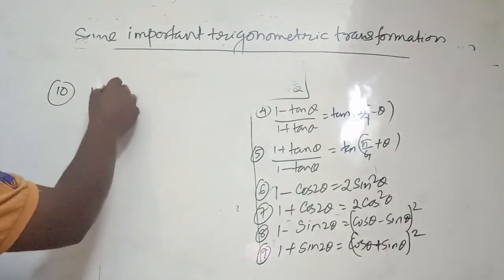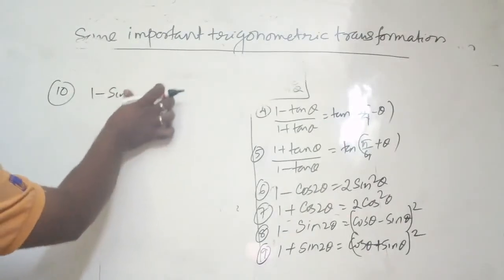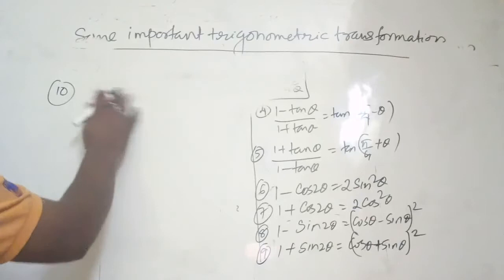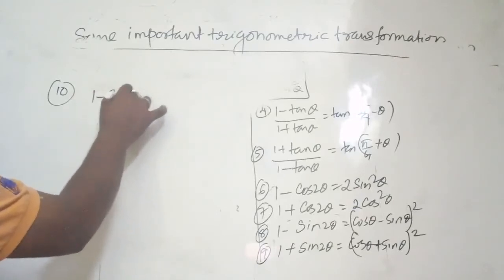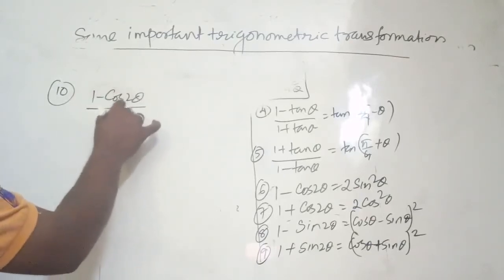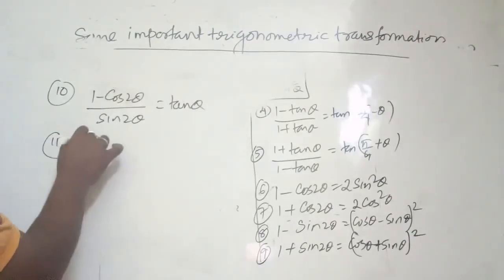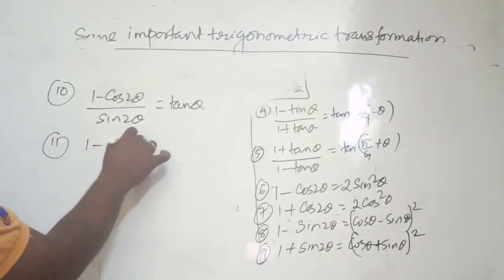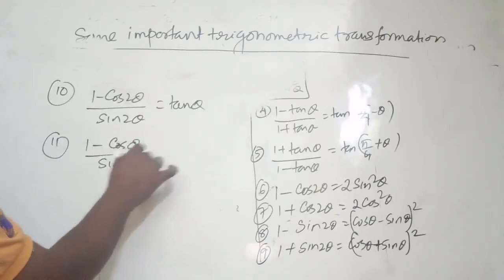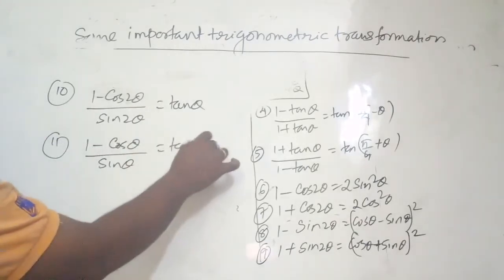1 minus cos 2 theta divided by sin 2 theta is equal to tan theta. Suppose this is 1 minus cos theta divided by sin theta, this is equal to tan theta by 2.